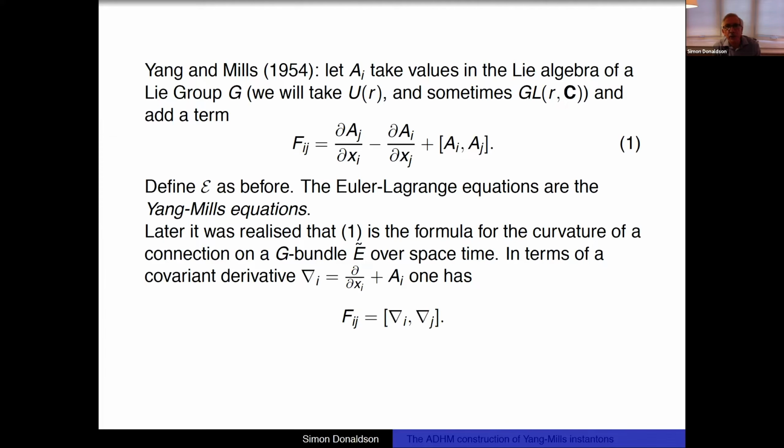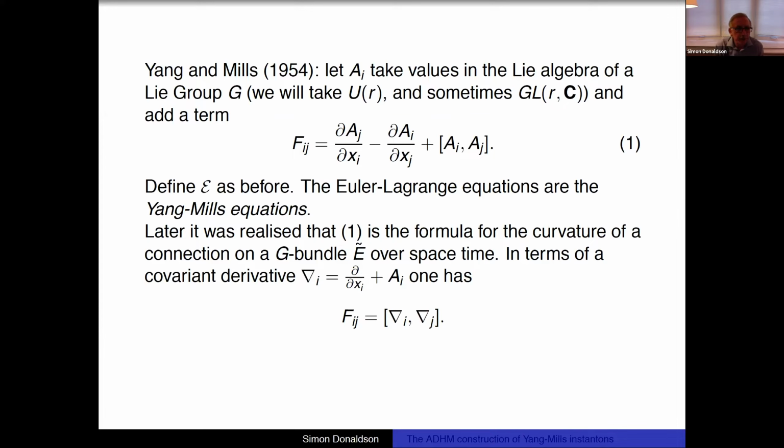And then F is just the curvature of this connection, very familiar in differential geometry. Well, these developments, both of the notion of a connection and curvature, and also the link to particle physics through the Yang-Mills equations, were discussed in the lecture of Professor Yau in this series.